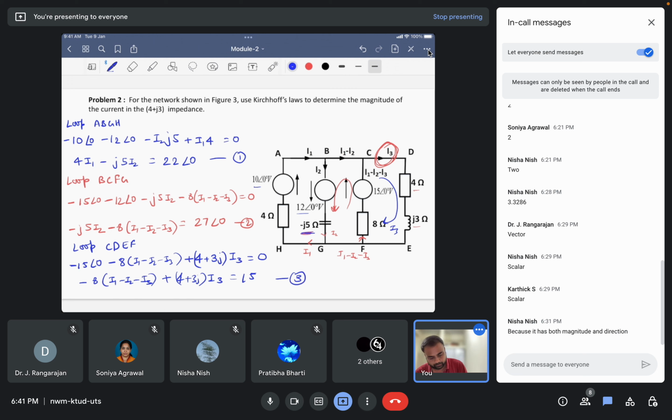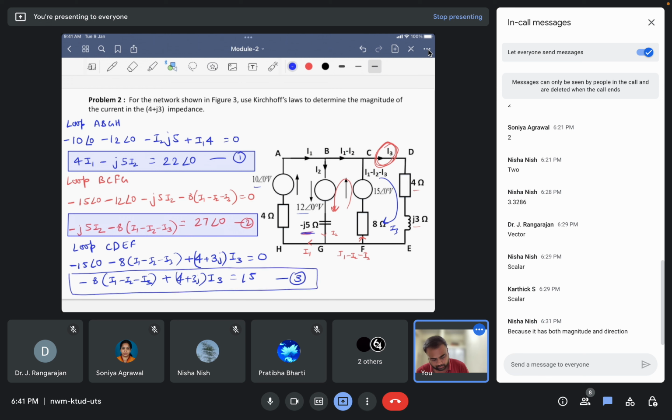Again we have 3 unknowns and 3 equations. The first equation is this one, the second equation is this, and the third equation is this. Please try to find the value of I3. We only need to find I3.